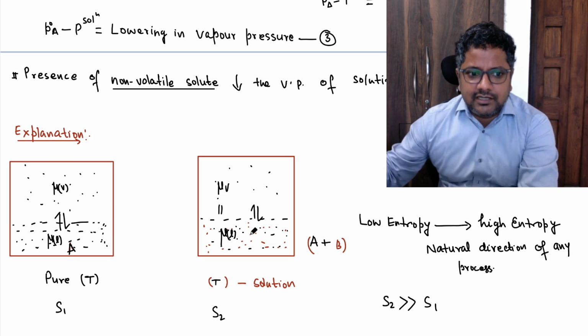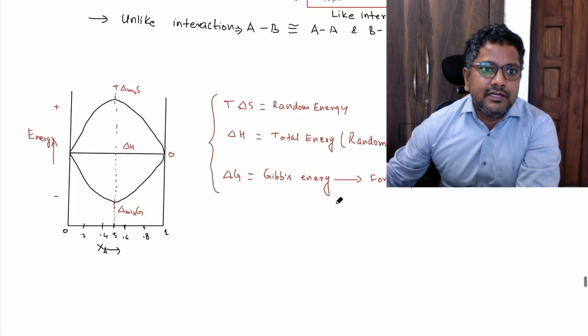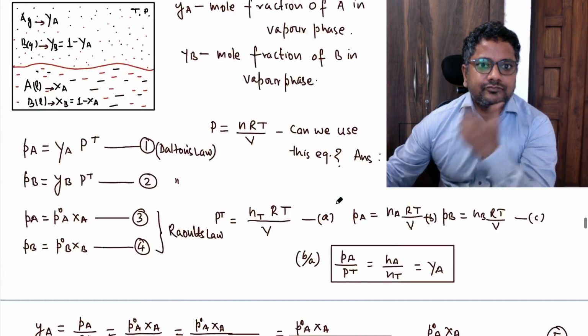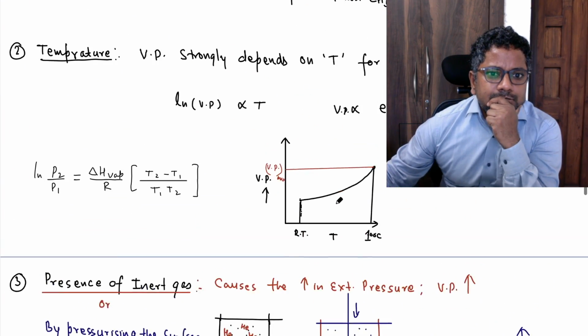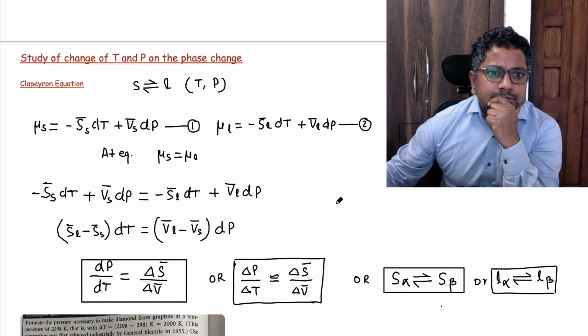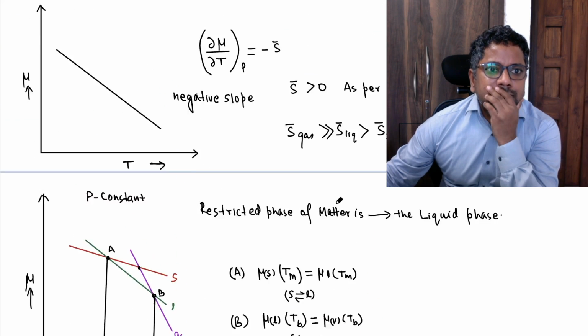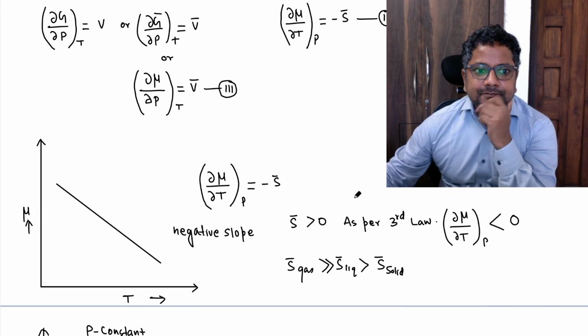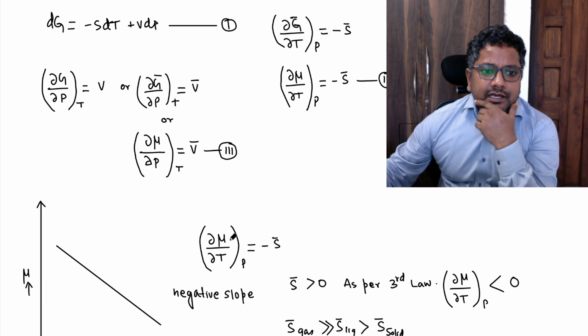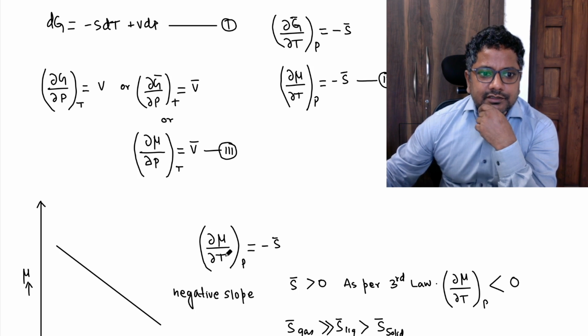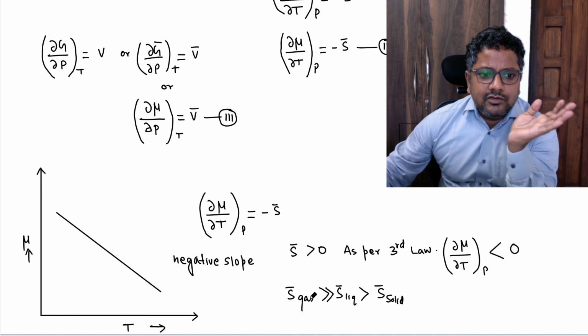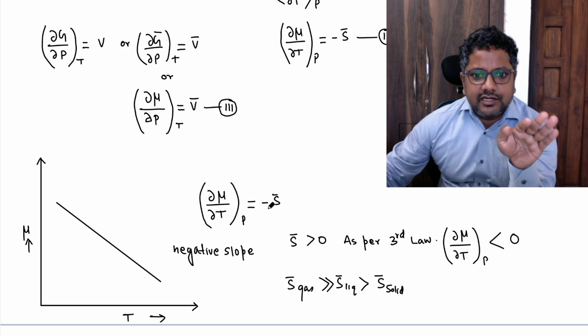So if you see the initial relations we have in the beginning of this, chemical potential with respect to temperature is equal to minus of S. So if this entropy will increase, chemical potential will, as per the third law, entropy is greater than 0, so chemical potential will decrease.